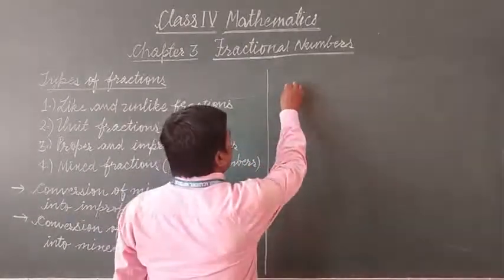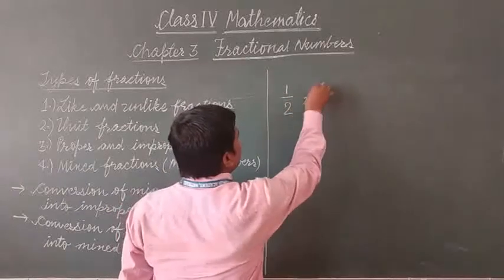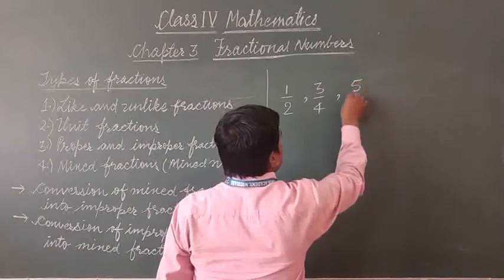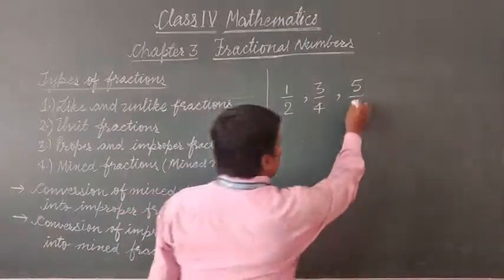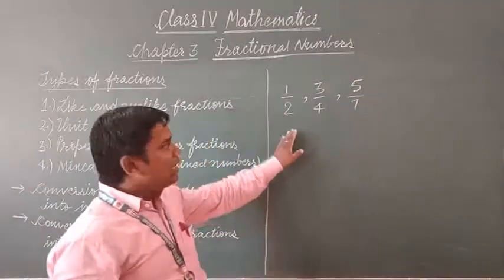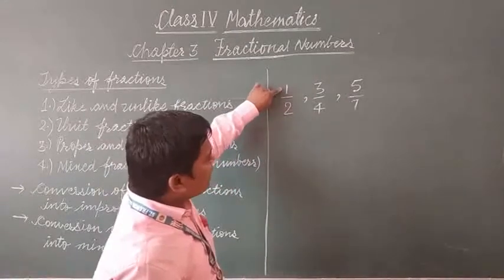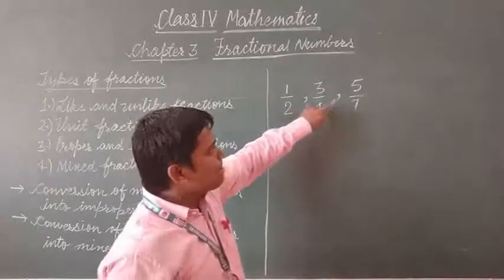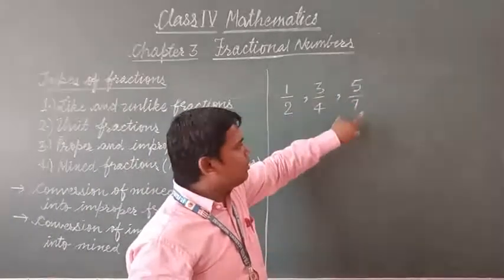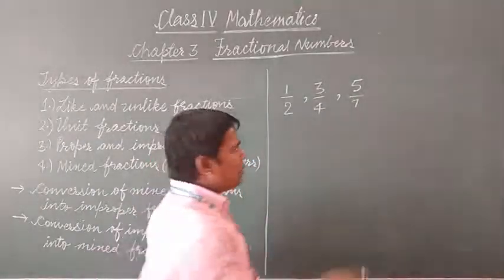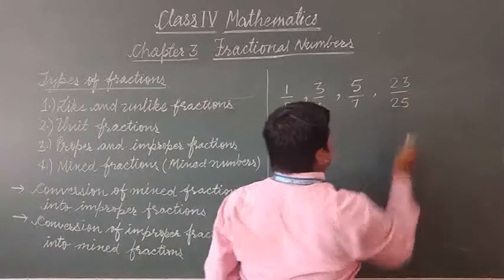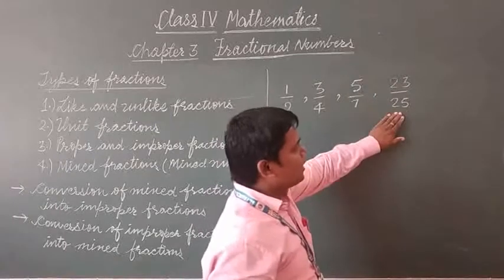Means 1 by 2, 3 by 4, 5 by 7. You are observing in these fractions, in this numerator is 1, denominator is 2, in this numerator is 3, denominator is 4, in this numerator is 5, denominator is 7. You can take a bigger number also, 23 by 25. Numerator is 23, denominator is 25.